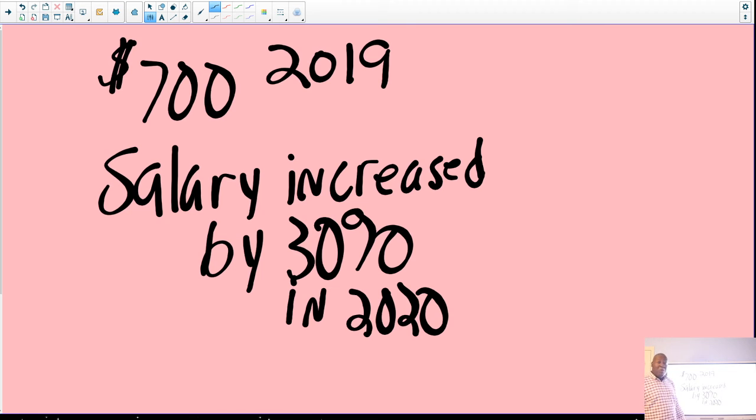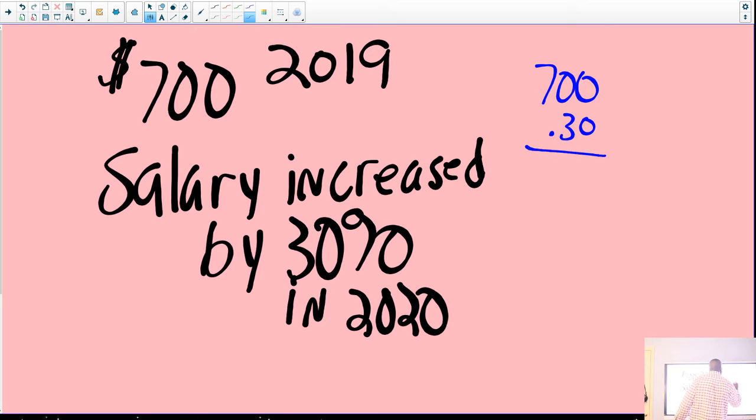And all you have to do is multiply right here. I would do 700 times 0.30 and be done with it. You ain't got time to be doing all that little box method mess. Just simply change that baby to a decimal and multiply. You know how to multiply, don't you?